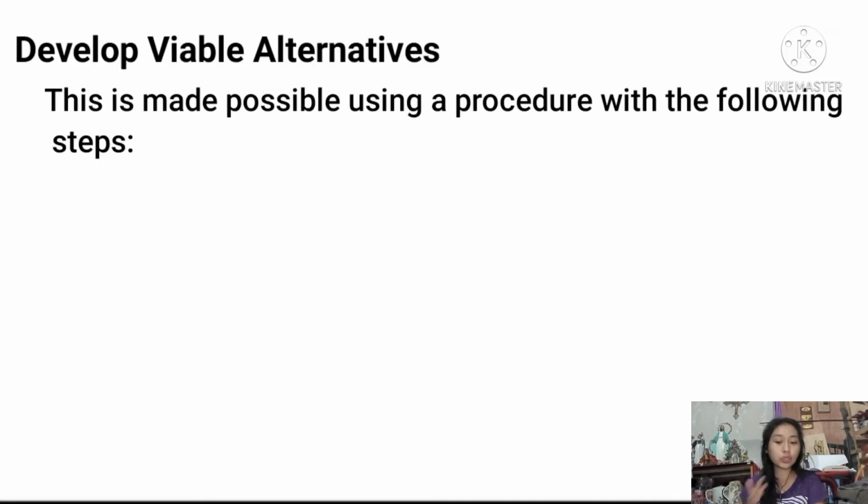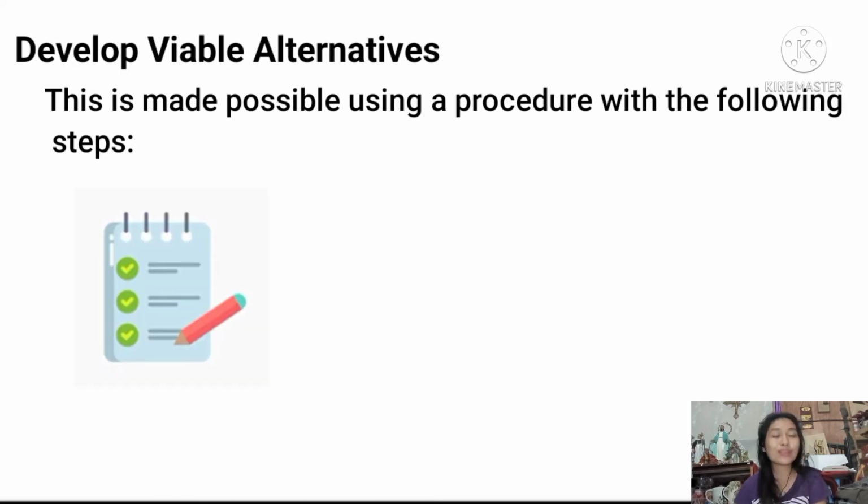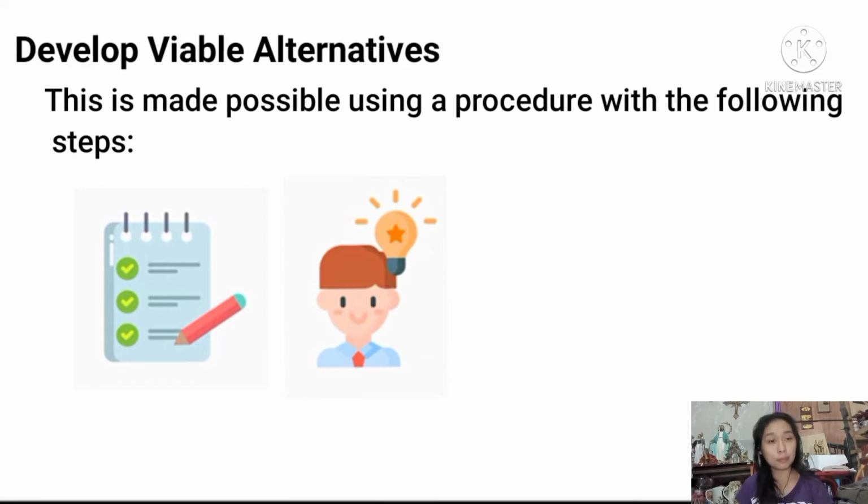After articulating the problem, next you have to develop viable alternatives. In constructing new alternatives, first is to prepare the list of your solutions. You have to list out or jot down the possible solutions to your problems. Next is to identify if the solutions are viable. It means you need to identify if this solution can solve the problem in the organization, or it can arise bigger problems in the future.